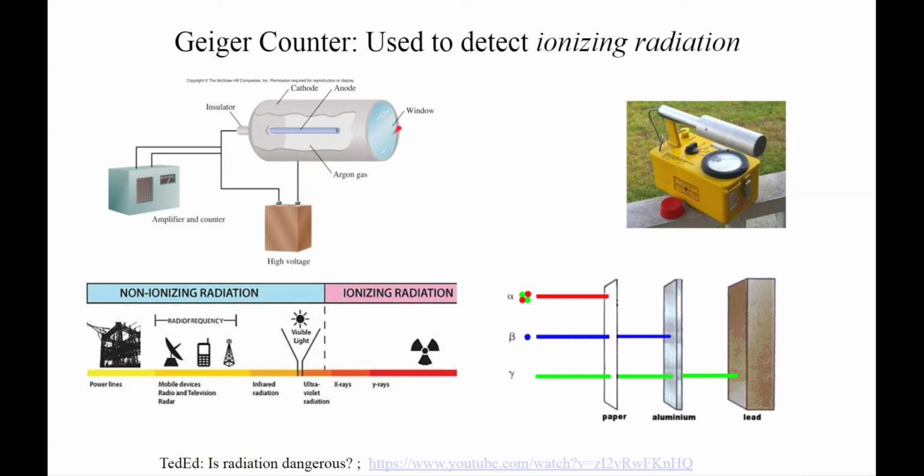So the way this works is you have a circuit set up. Here's a battery source, and then here's a cathode and an anode. But notice they're not in contact. There's argon gas in between. Now, argon is a very, very stable element. It's a noble gas. You would not normally think of it as reactive.